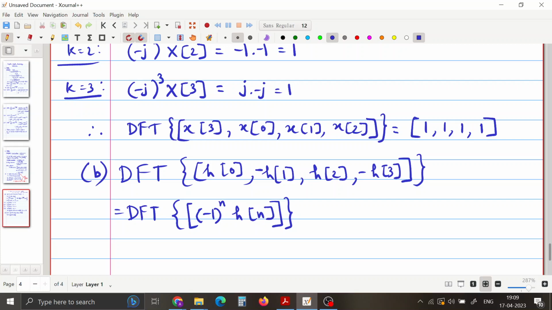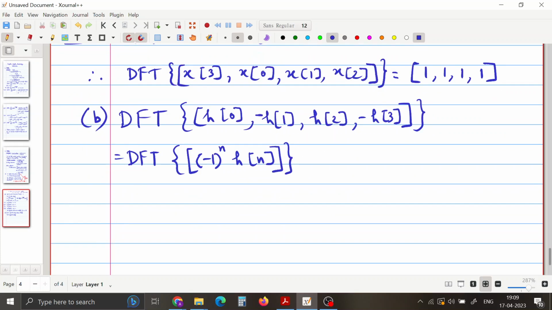And now you can write this minus 1 to the power n in a different form as well.